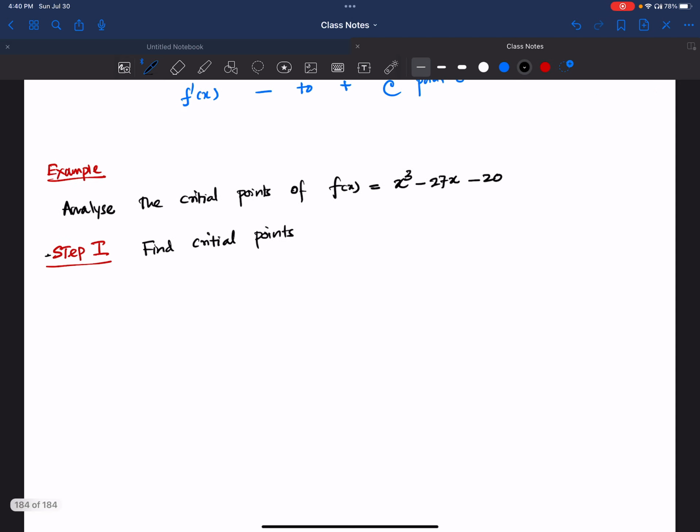How to find critical points? You have to find f prime of x, which is 3x squared minus 27 minus 0, right? So when we set f prime of x to 0, we get critical points.